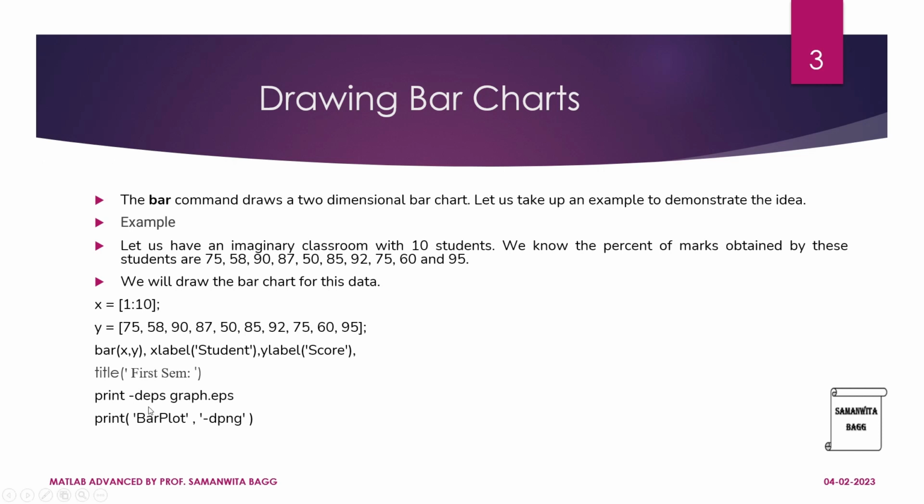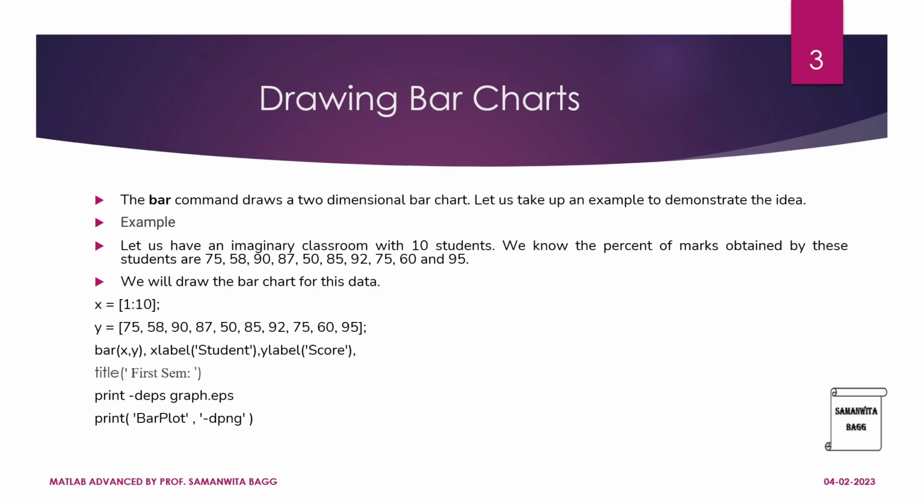This is encapsulated PostScript form and there will be some colors to this image. graph.eps is the file which is going to be saved with this name. This is another way of saving the file. The last line, print barplot. Since it is a bar graph, I'll write here barplot. And this png is the image format, or .png format, for this file.